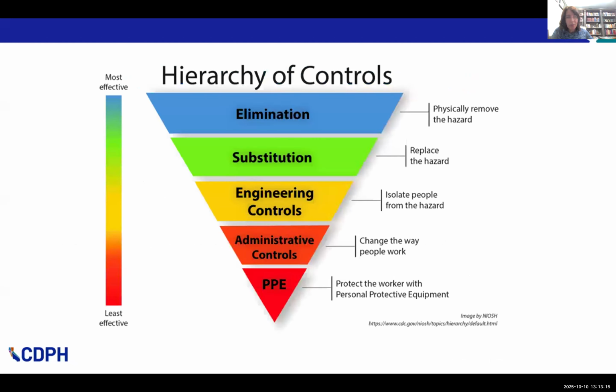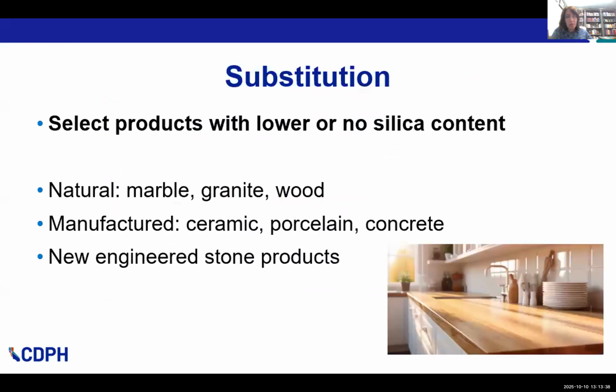So back to that hierarchy of controls, I think the experience that we're having in California, as well as experiences in other countries, really tells us that it's challenging to control this epidemic by focusing on those controls that are lower on the hierarchy. And so we should really be thinking about controls that are higher on this chart. And one of those is substitution. So engineered stone is not an essential item.